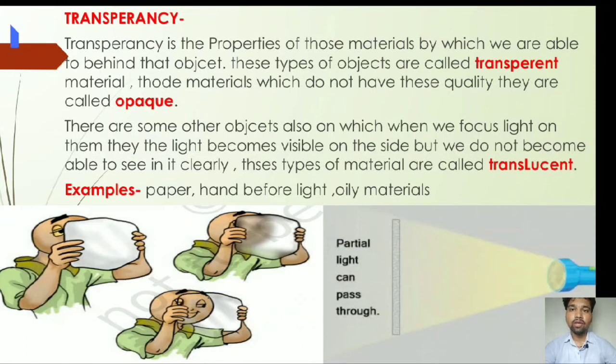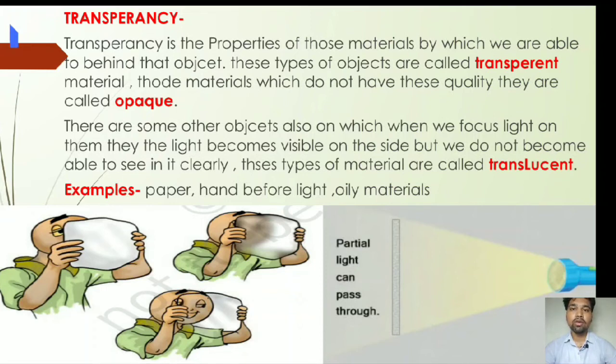Friends, when we stand on one side of an object that acts like an obstacle, and we are able to see the other side of the object, then we can say that this object is transparent. Friends, you go to a shop and what do you see?